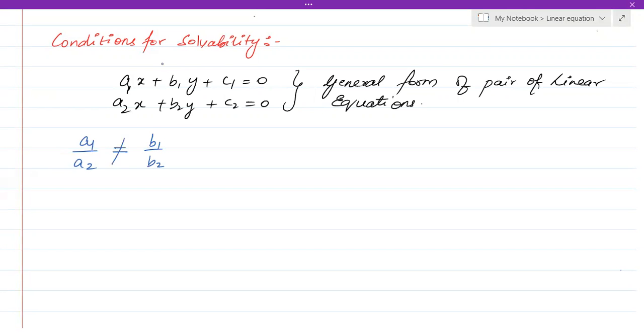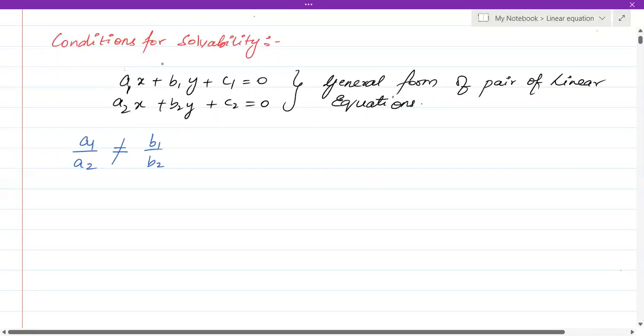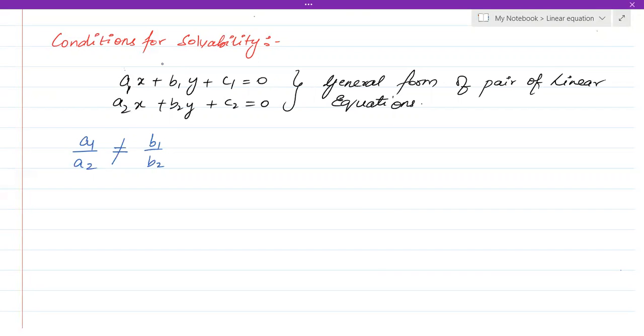Suppose these ratios are not equal, then definitely for that pair of equations we get a unique solution. And if it is a unique solution, what type of graph do we get? We get an intersecting graph. So this is the first condition.